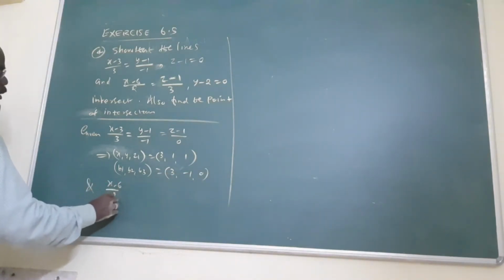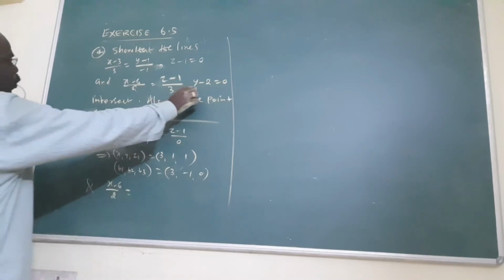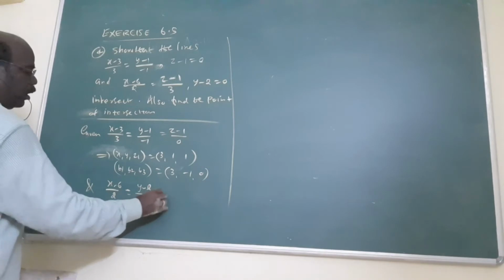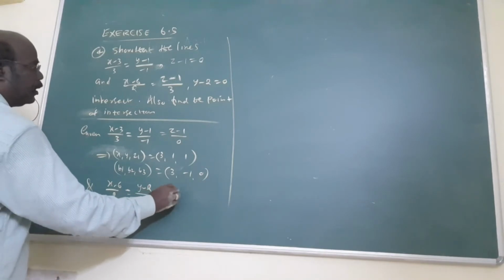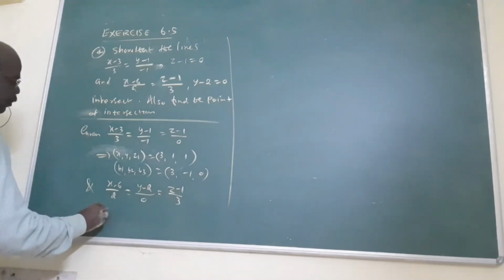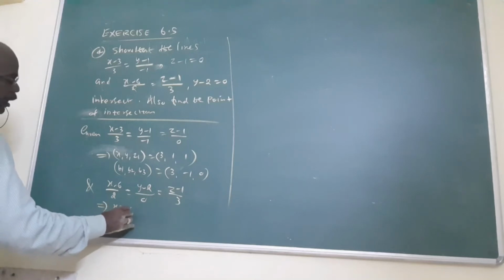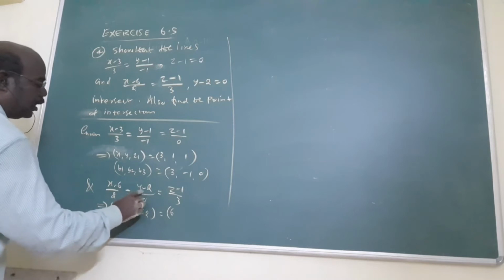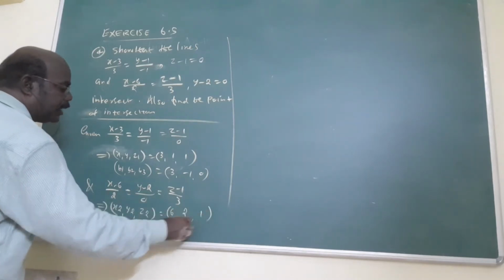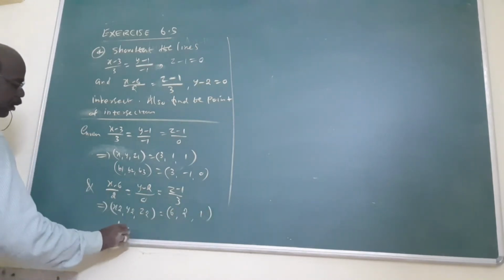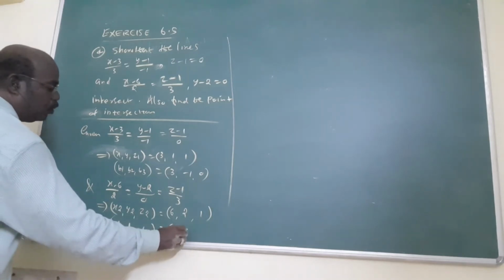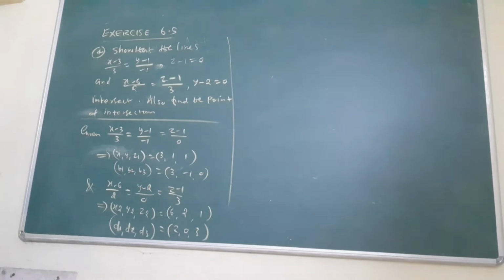X minus 6 by 2, next y minus 2 by 0, equal to z minus 1 by 3. Now it implies the next point x2, y2, z2 equal to 6, 2, 1. Change the sign. Then d1, d2, d3 equal to 2, 0, 3. Am I correct?